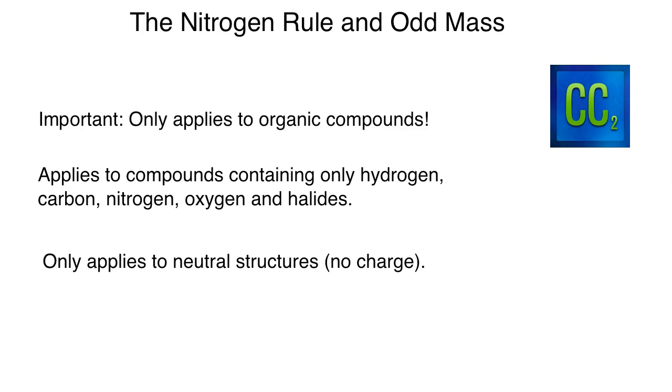Then in that case, you would no longer be holding this rule because you could have other violations. Right? And then it only applies to neutral structures. So essentially, make sure you don't have anything with formal charges and make sure you're staying away from inorganic compounds or very bizarre organic ones that would have atoms we wouldn't expect. And this rule can hold steady. It's very useful in helping you solve mass spec, especially without a formula.